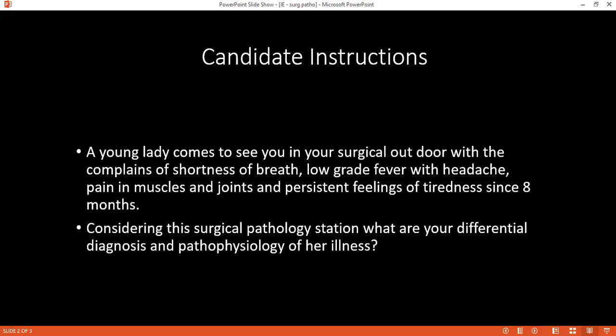Usually there are organisms like Streptococcus viridans, Staphylococcus aureus, coagulase-negative Staphylococcus, Enterococcus, and the HACEK group. That is in the case of native valve. For prosthetic valve, which organisms are involved?